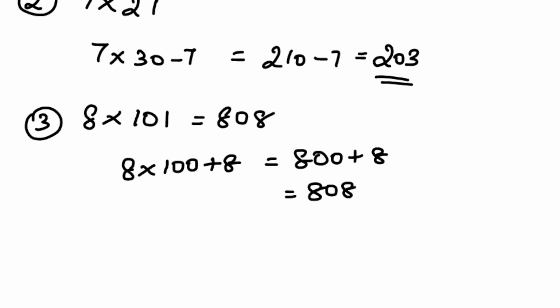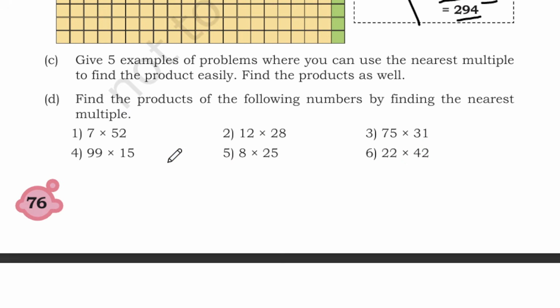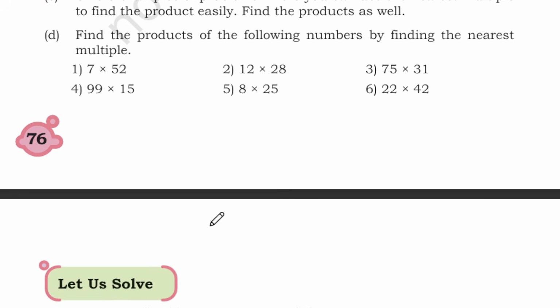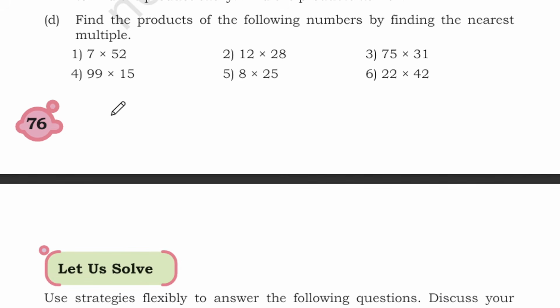Okay, so next, find the products of the following by the nearest. Now we need to find the product using the nearest. We will do one by one, students. First we will do 7 into 52. So the nearest is 50.